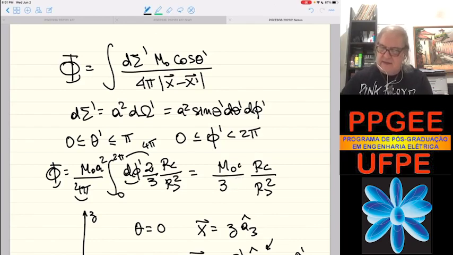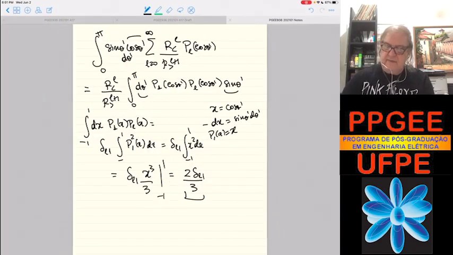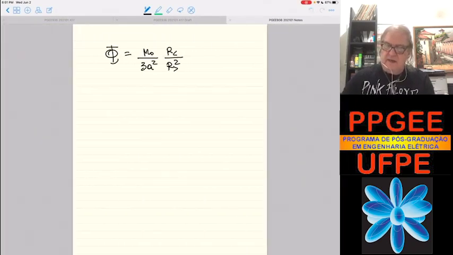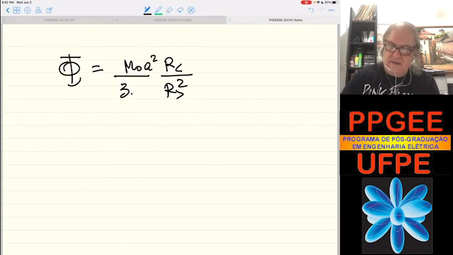Doesn't make sense, right? So here, I think this is, let me see if it's right. A squared there over 3, I believe it's right.